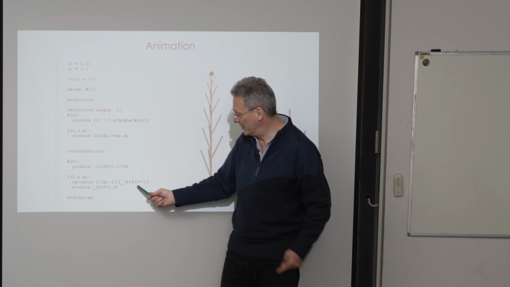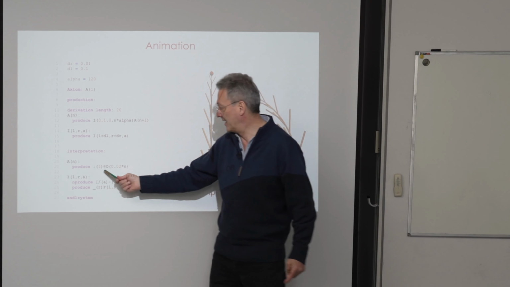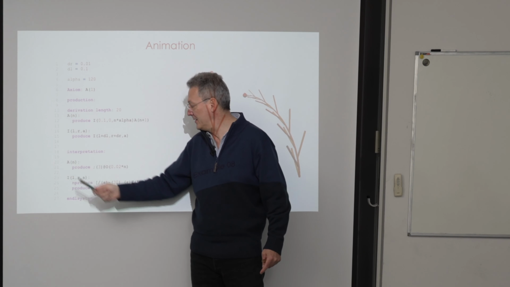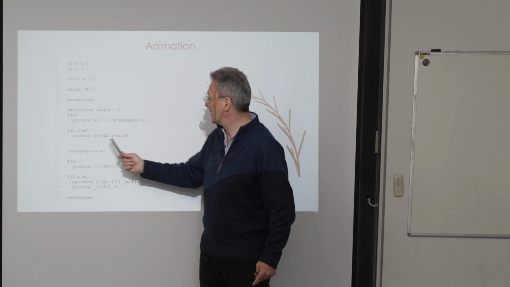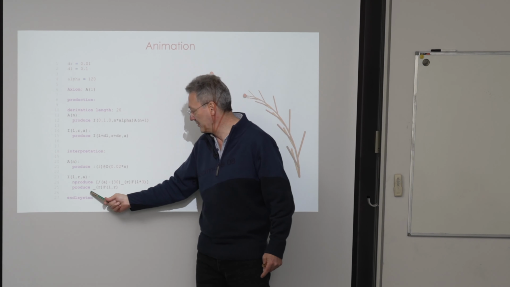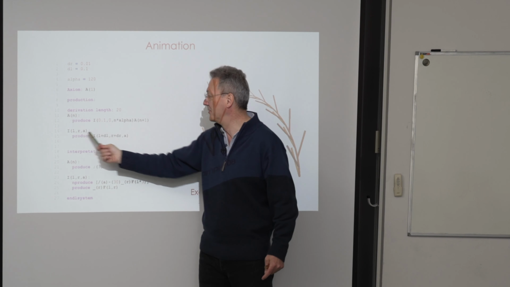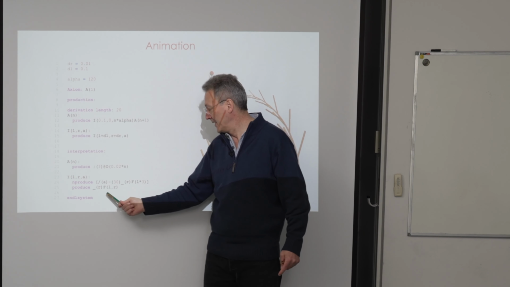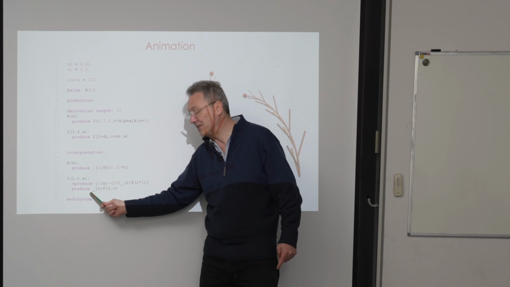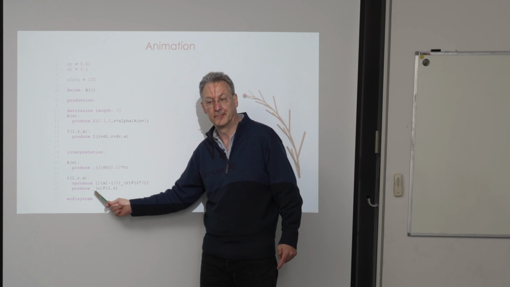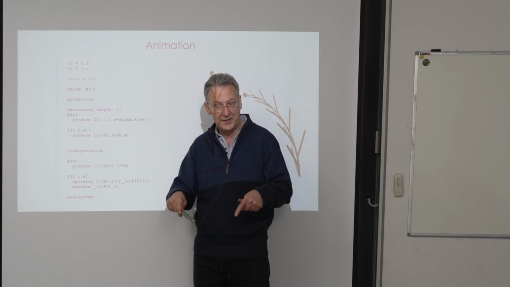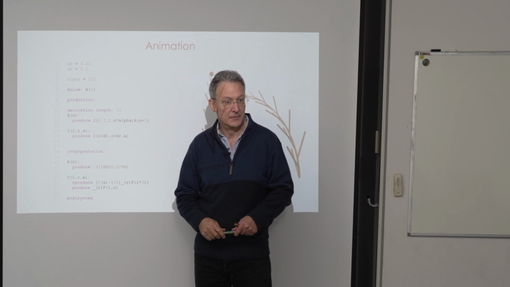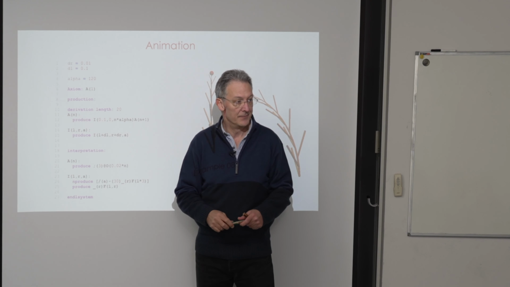Here, you will know what it means, because the radius, the parameter r in the I module, will be interpreted as the thickness of the cylinder. So now I say what r is in the interpretation rules.